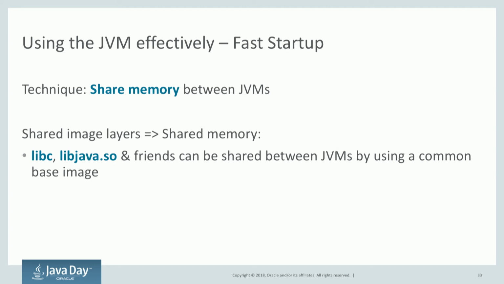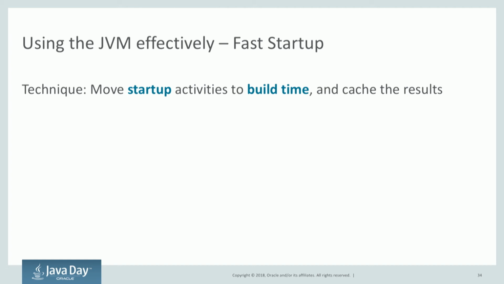The other thing, then, that we can do to have fast startup is we can observe that the JVM, when it starts up, does a certain number of things which are entirely deterministic. They're exactly the same every time. And so what we can do is basically do those in advance and cache the result. Since Java 5, which was a long time ago, it's been possible to use a technique called CDS, class data sharing.